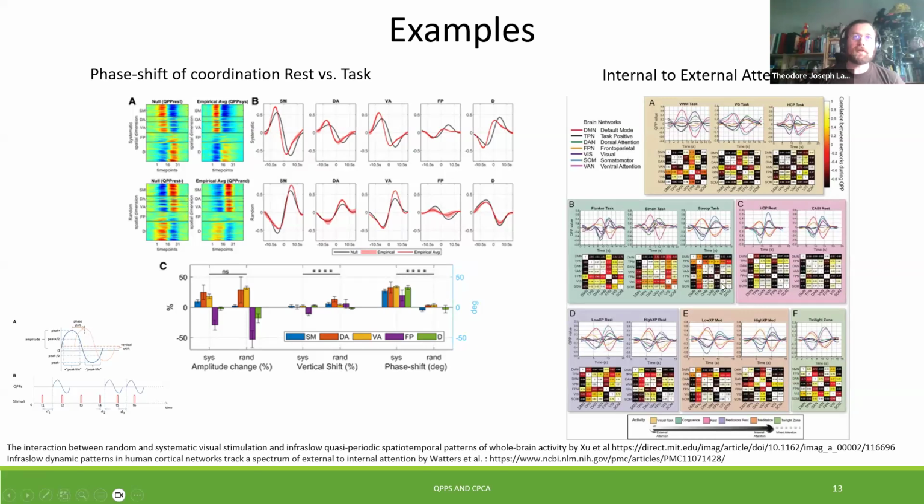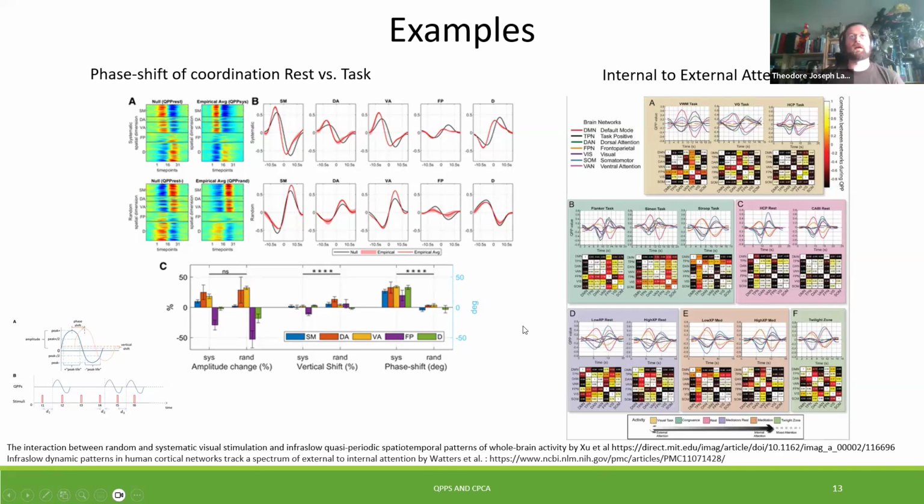To take this even further, this new work is still in preprint, but this is what Harry's been working on extensively over the last year: looking at more of an axis of attention. There are, I believe, 8 or 9 different data sets with different task data here, ranging from external attention to internal attention. There's a visual task, congruence, rest, meditation, and Twilight Zone, like a visual movie.